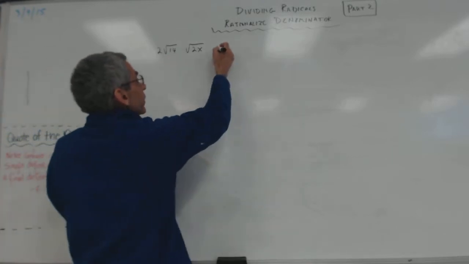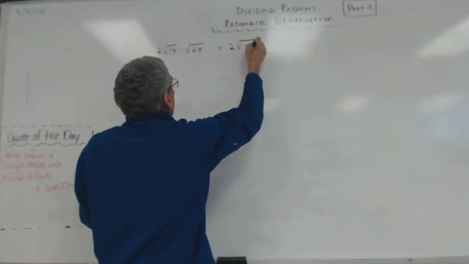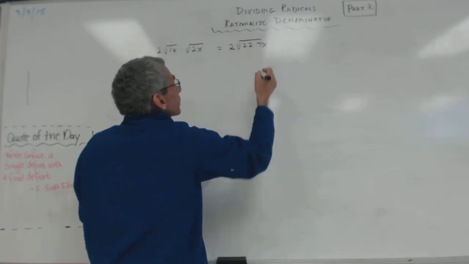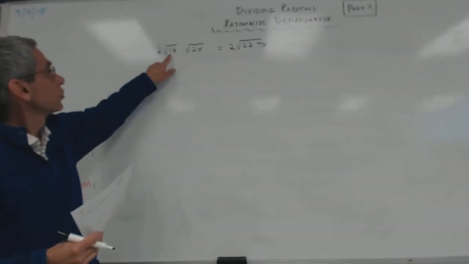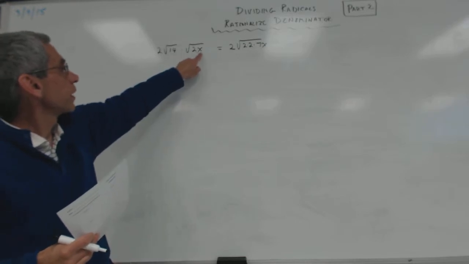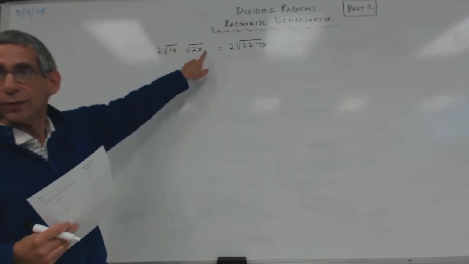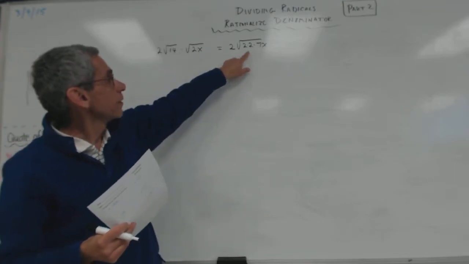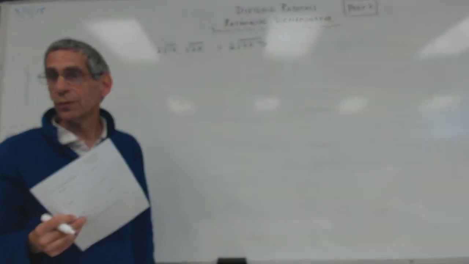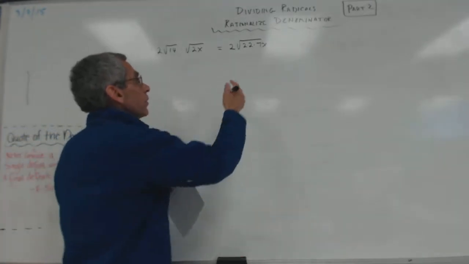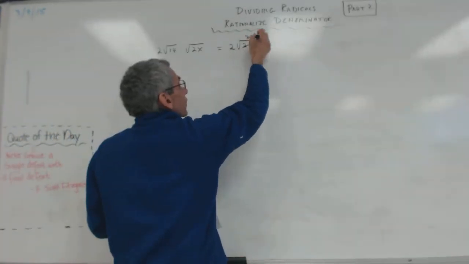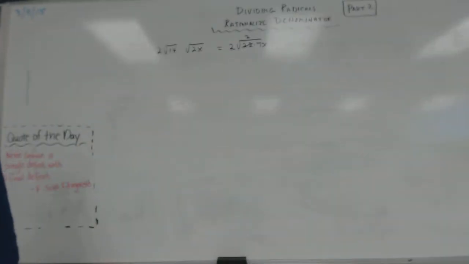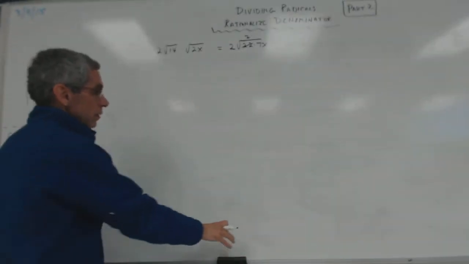It means 2 times the square root of 2 times 2 times 7x. I'm putting the 7 with the x, and that 2 with the other 2. So my brain says I can immediately take out a 2. That comes out as a 2, so it's 4 square root of 7x.